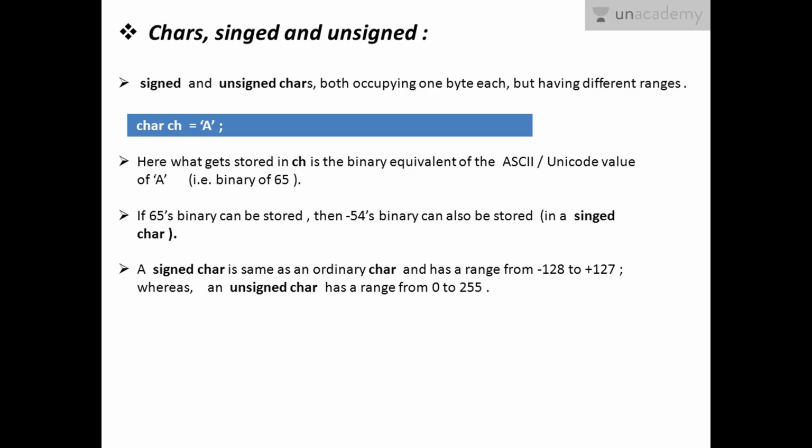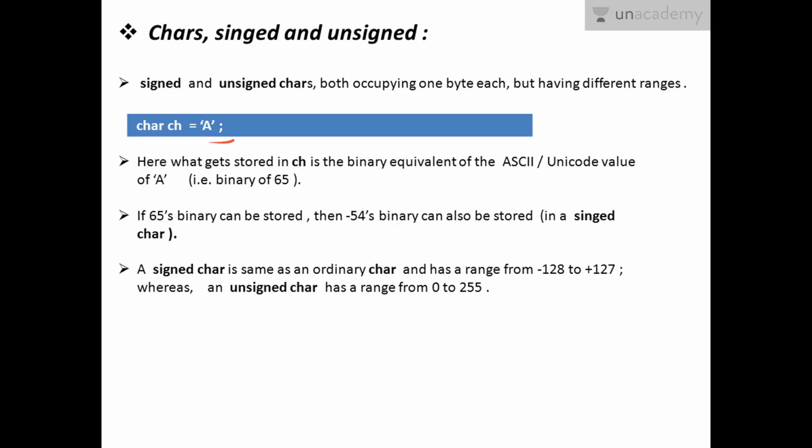When you don't give, that is obviously considered as a signed integer. This is a simple syntax where you declare a char statement or character variable a, and since we did not mention any sign in front of it, it is considered as a positive value.